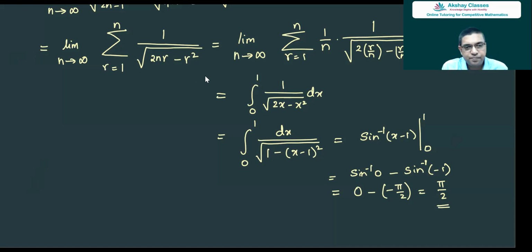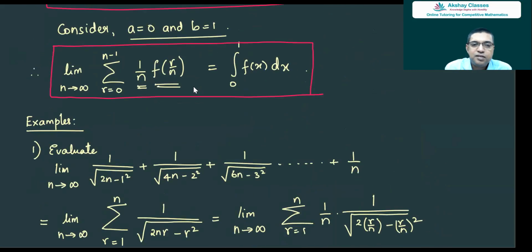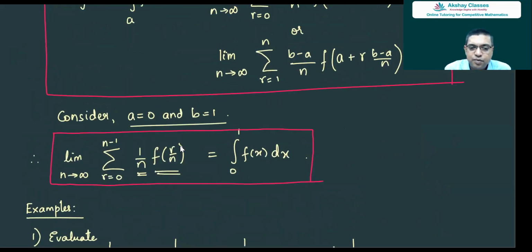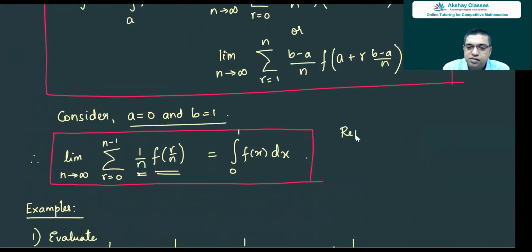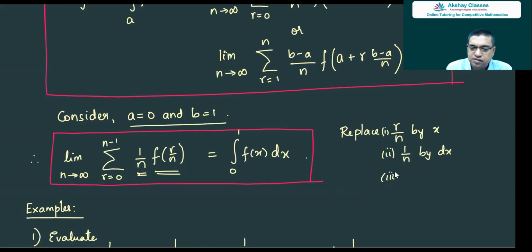Okay, very useful. So remember, again, here, when you get it in this form, replace r upon n by x. This is the first one. 1 upon n becomes dx. 1 upon n is the interval width, b minus a upon n, it is dx.